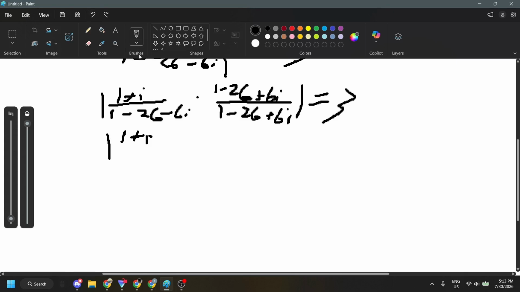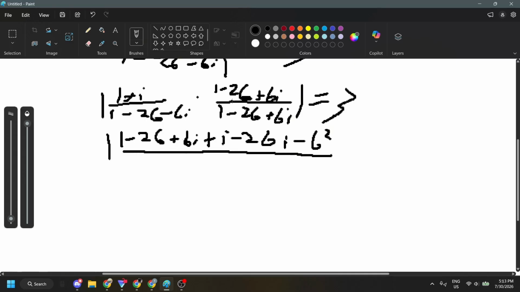It's going to be 1 times this, so 1 minus 2b plus bi, and then plus i minus 2bi minus b squared, all over this times this.